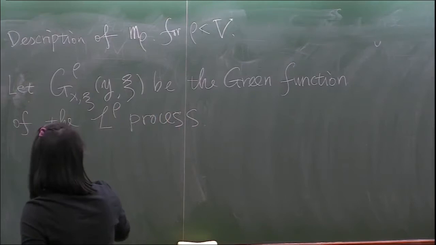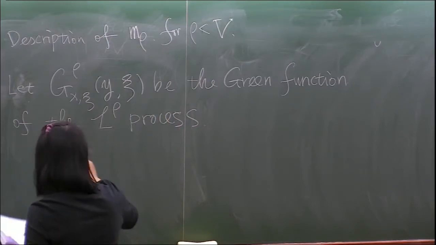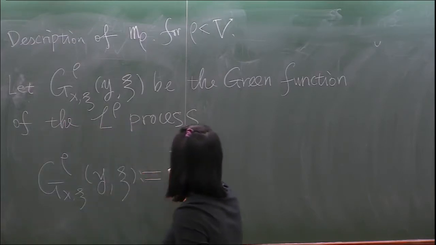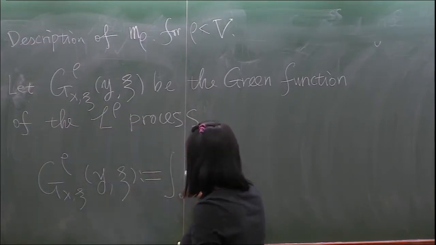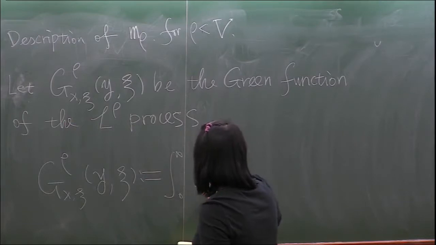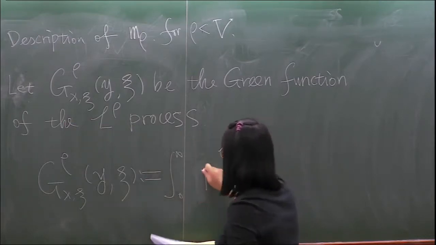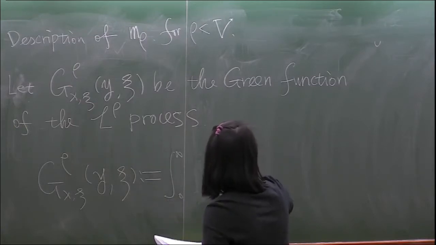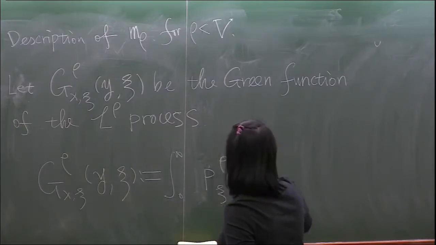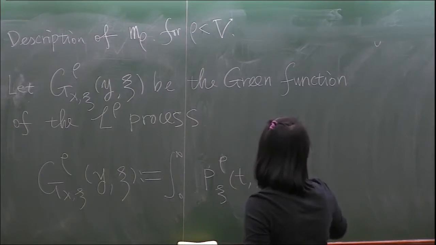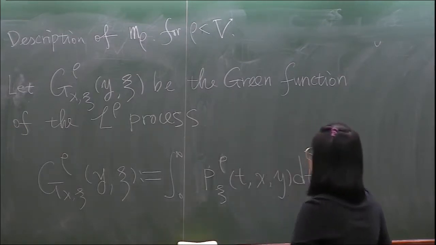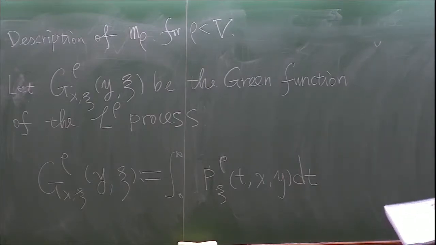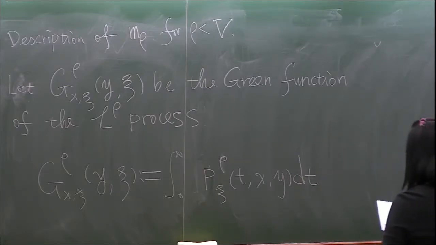So G rho x y is just the probability that you start from x and you go to y at time t; for finite time, you will arrive at y.